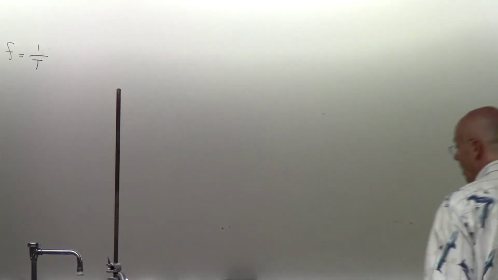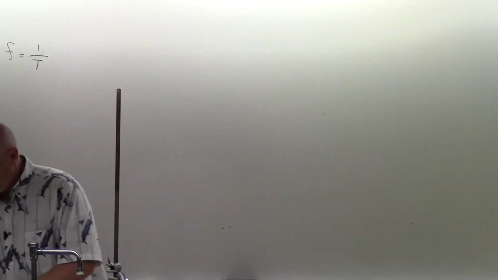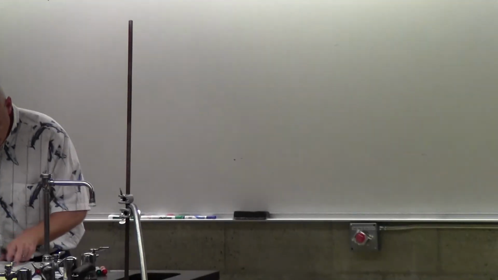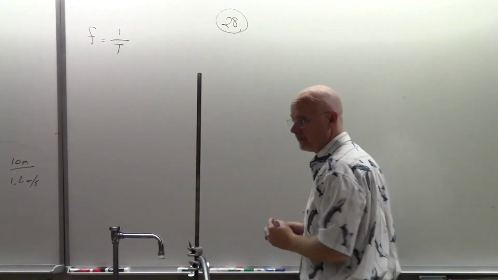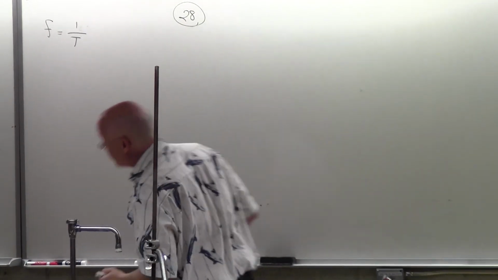What is the wave equation? I thought this would be a good one. Your author does a good job on number 28 here. Let's jump over to 28. And he puts this picture on the board.